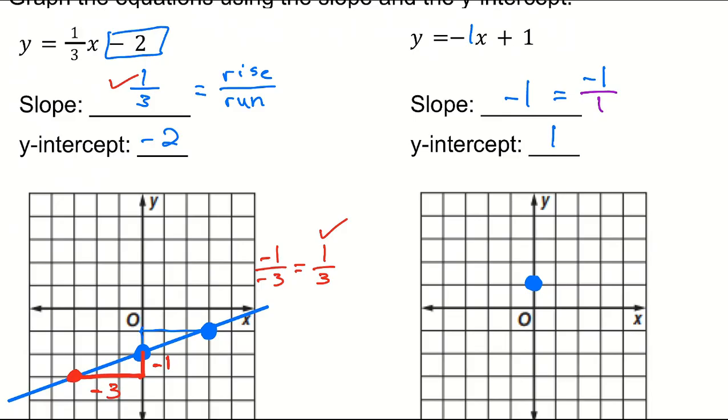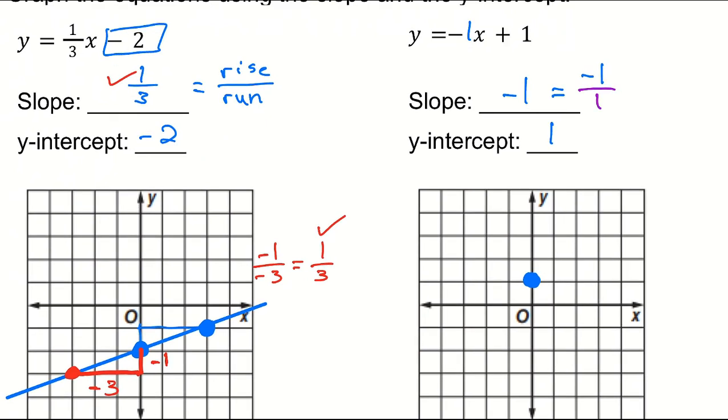I know that I'm going to go down 1 because my rise is negative, and I know I'm going to go right 1 because my run is positive. So again, what it will look like is I will start from here, go down 1, and then go right 1. And that gives me a second point.